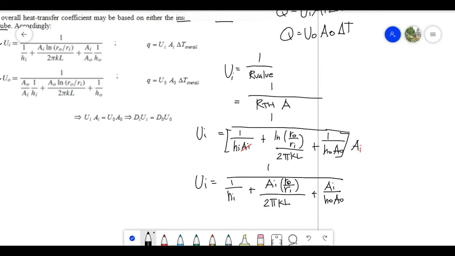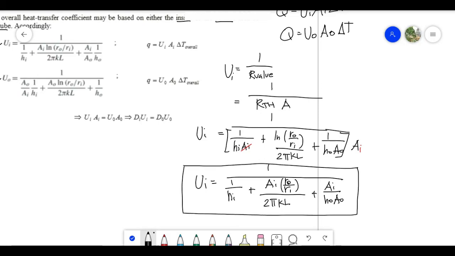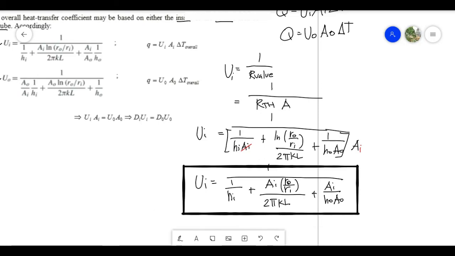So, yan na po yung overall heat transfer coefficient natin based on the inside area or inside radius.